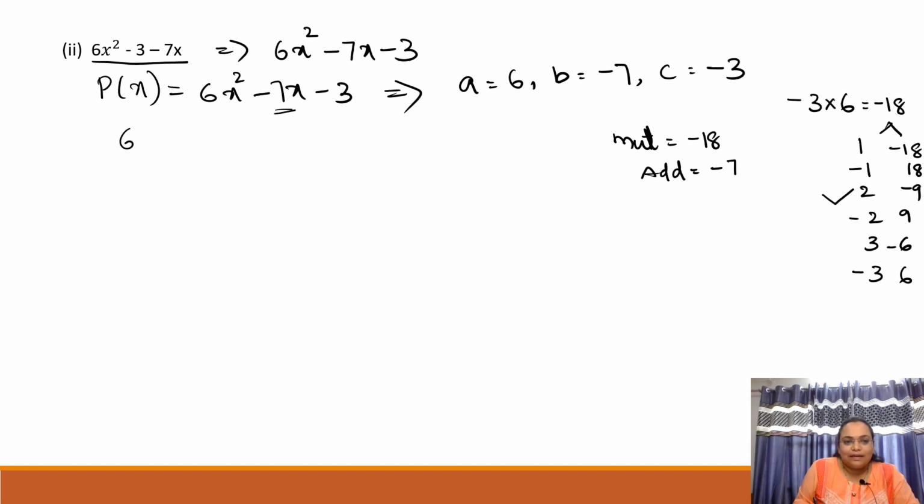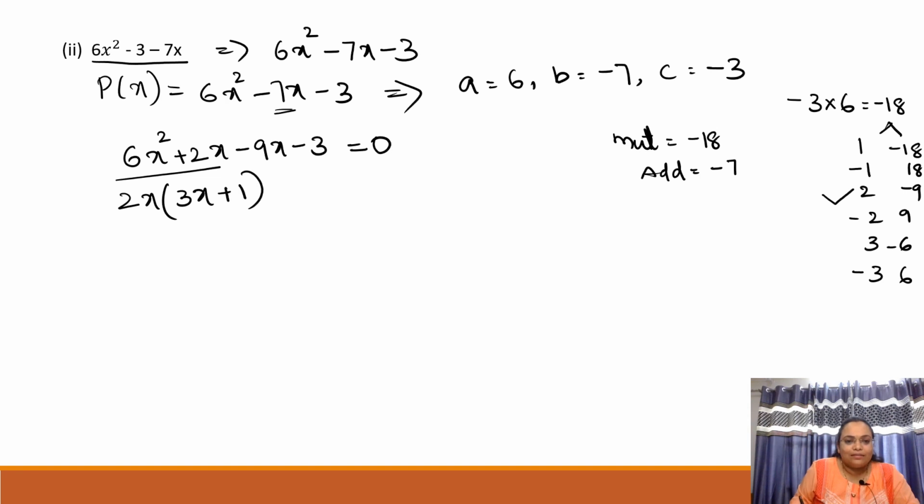Let us split the middle term: 6x square plus 2x minus 9x minus 3. If we want to find the zeros of the polynomial, we will equate it to 0. From the first two terms, if you take 2x common, that will be 3x plus 1. And if you take minus 3 common, that will be 3x plus 1.